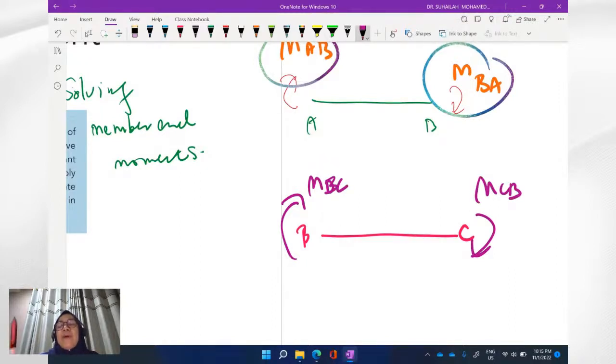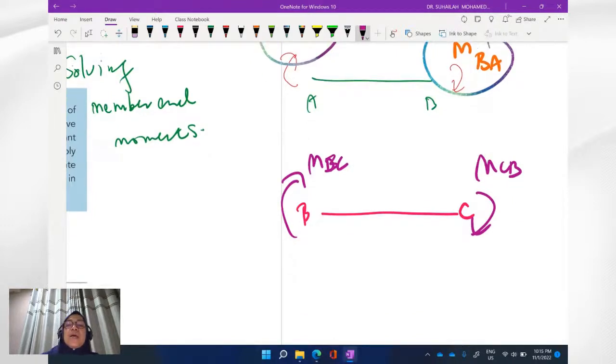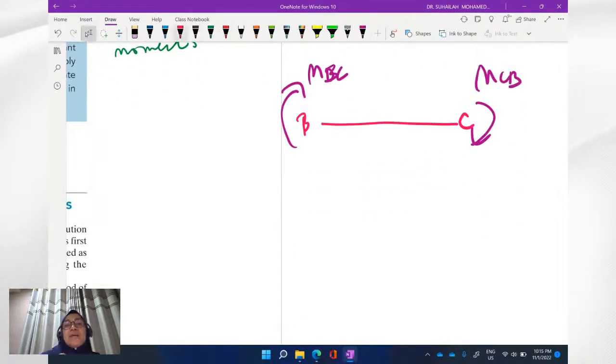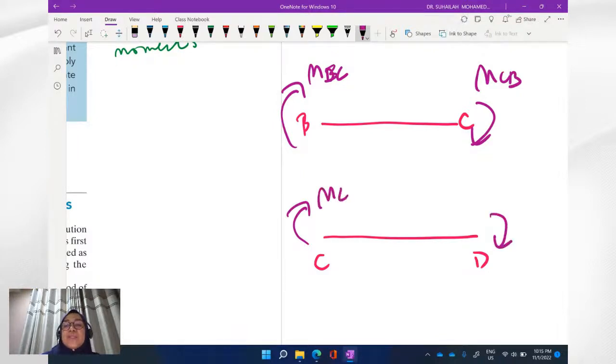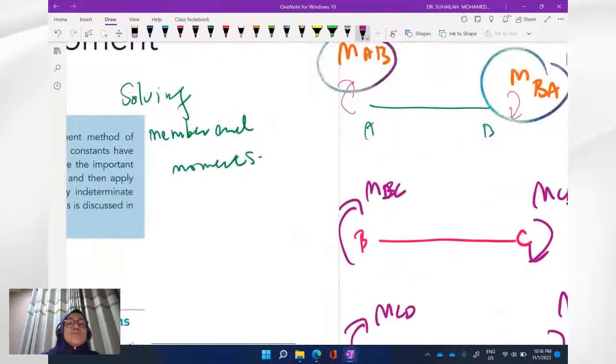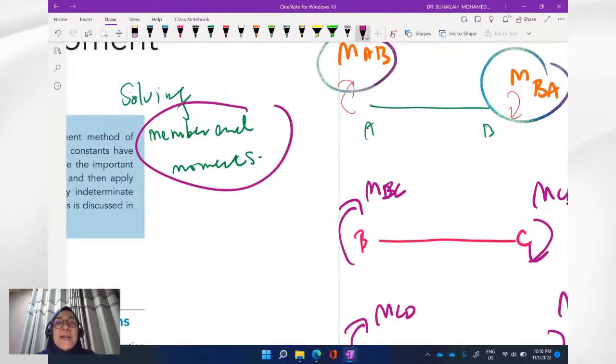So MAB, MBA, MBC, MCB, and if we have another member, member CD, joint C and joint D, we will have MCD, MDC. So we will analyze beam and frame to find what we call member end moments.